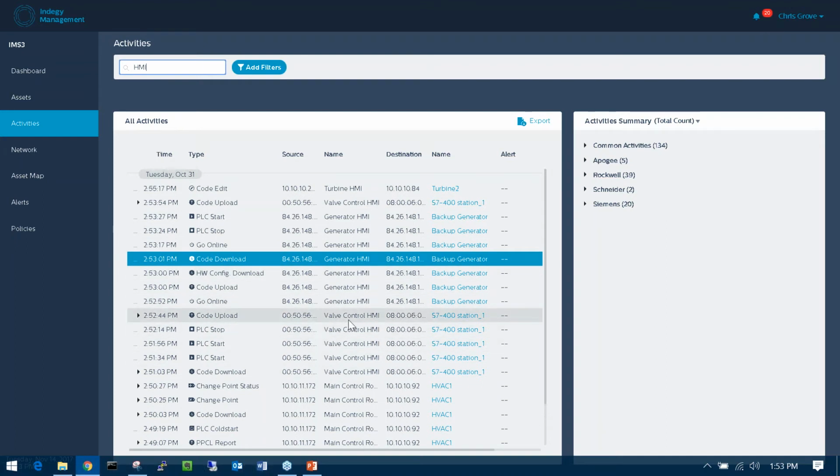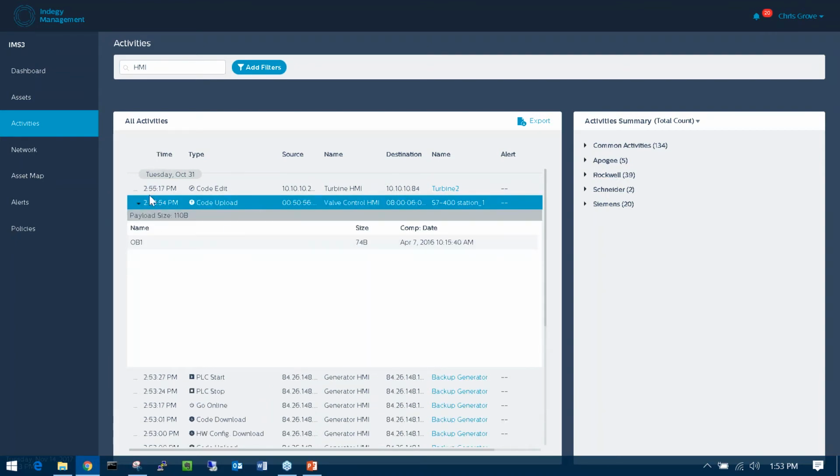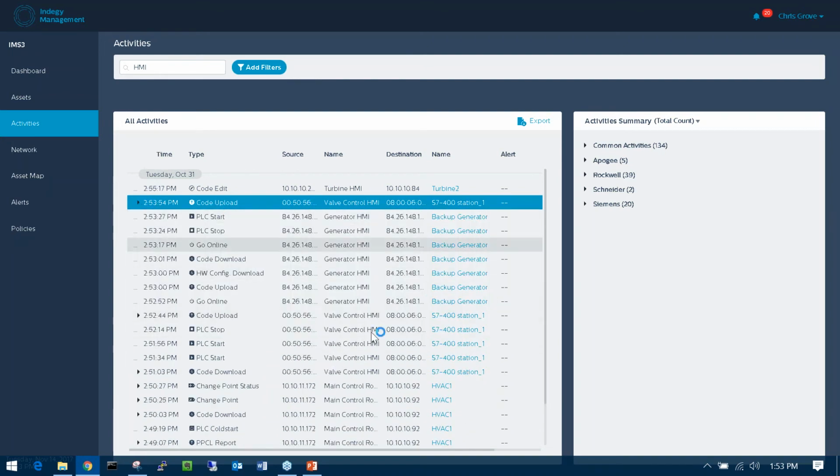Again, these HMIs are never used to do things like download code to devices or change and modify the code that's inside in the running state of them. So this is also very suspicious activity that all of my HMIs are also doing these types of operations.